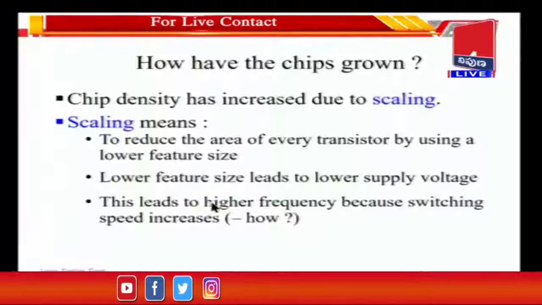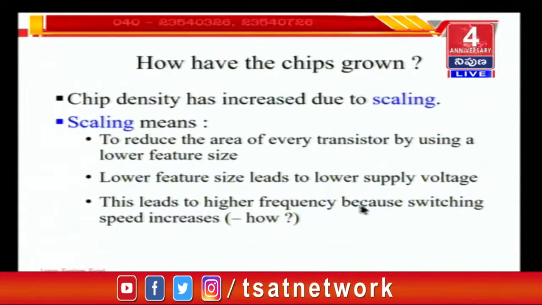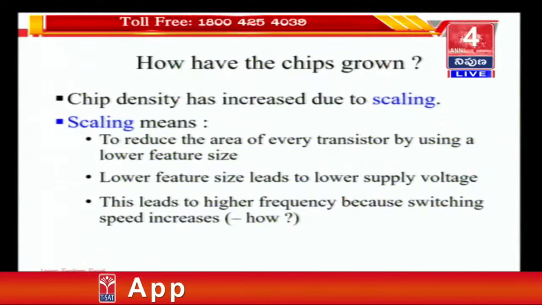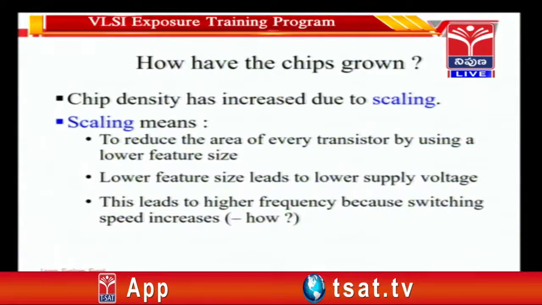So this leads to higher switching frequency also, because switching speed increases. How is the switching speed increasing? Because when the distance between the drain and the source decreases, I will also tell you how to identify the drain and how to identify the source. Many people don't know how to do that.